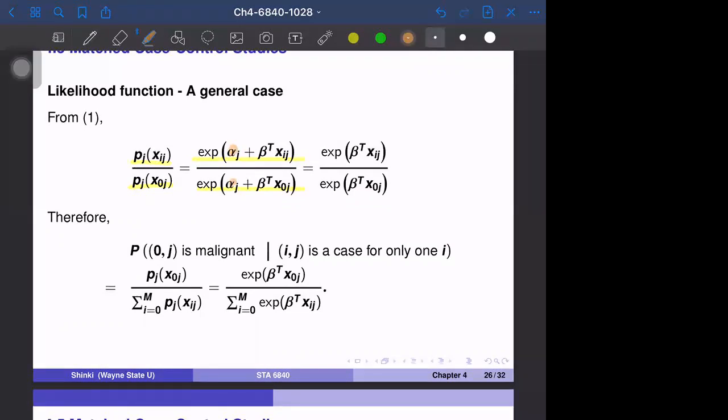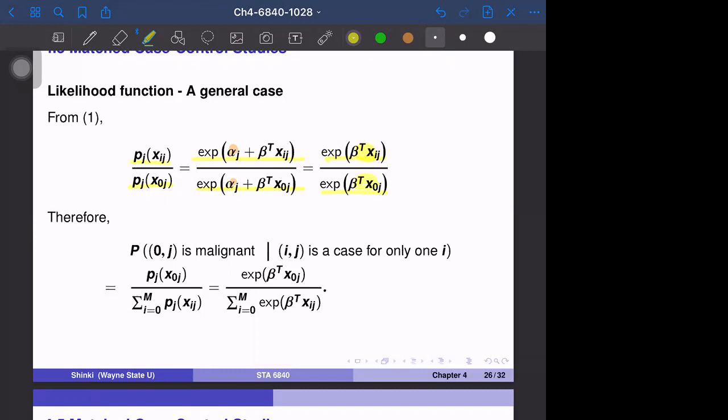So we can say that this is exponential of beta transpose x_ij divided by exponential of beta transpose x_0j. This can be written using just one exponential, this part minus this part, but we leave it as is, just so that we can see the ratio.